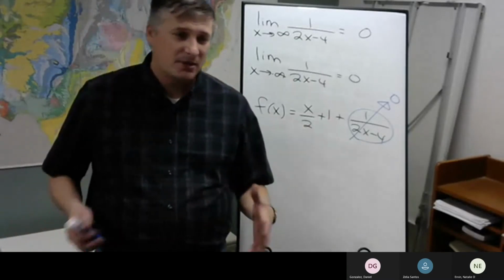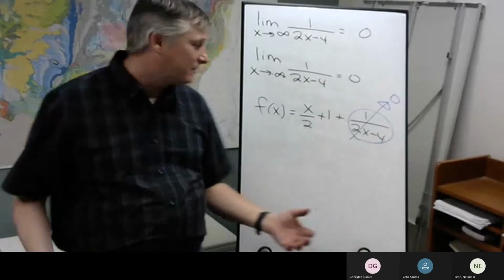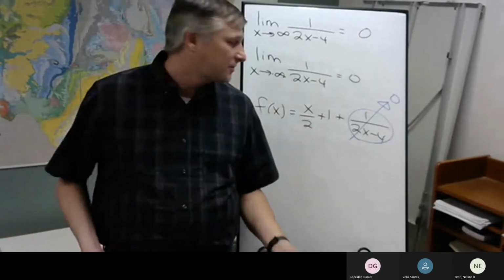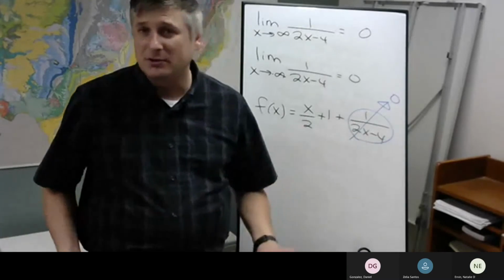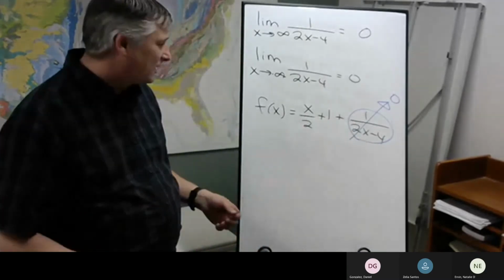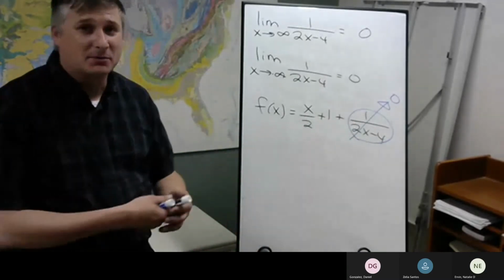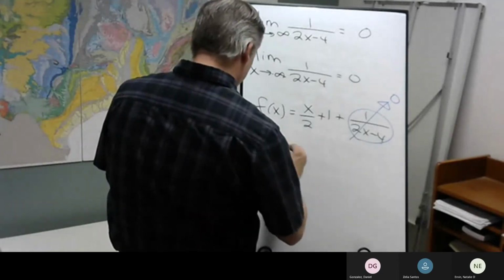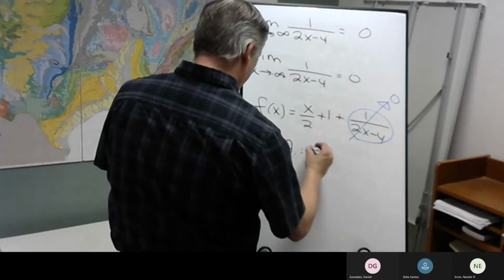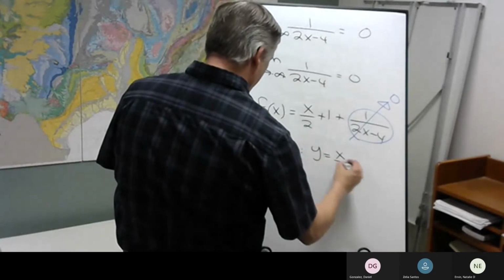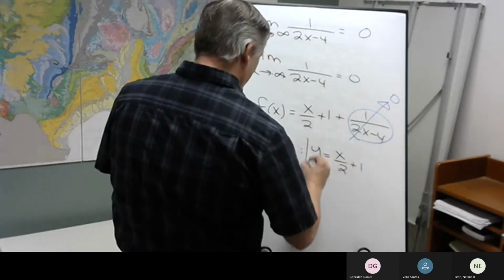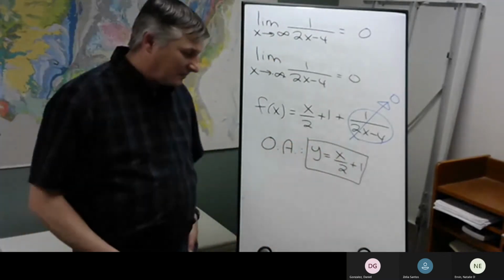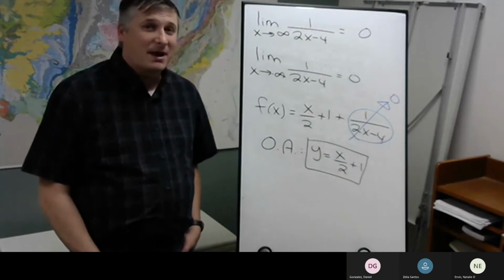Ultimately, as x becomes incredibly negative or incredibly positive, this is what's really describing the behavior of f of x. This is going to get so small, it's going to be practically zero. And so this becomes the oblique asymptote. Questions about that?